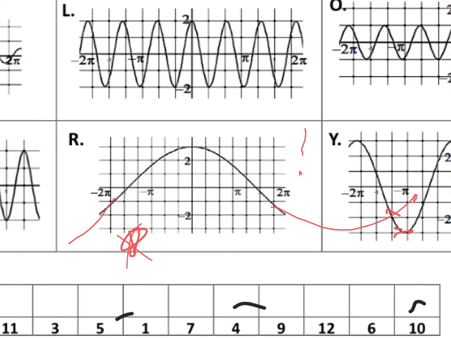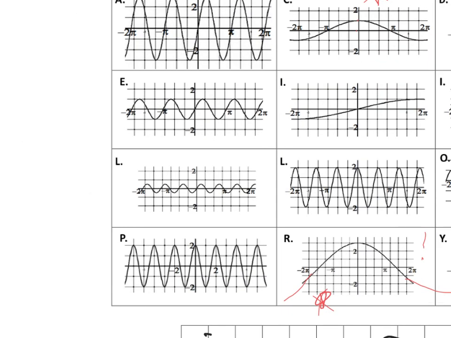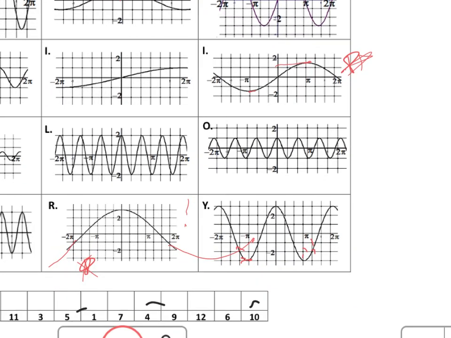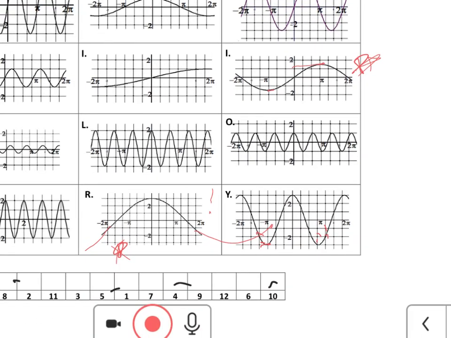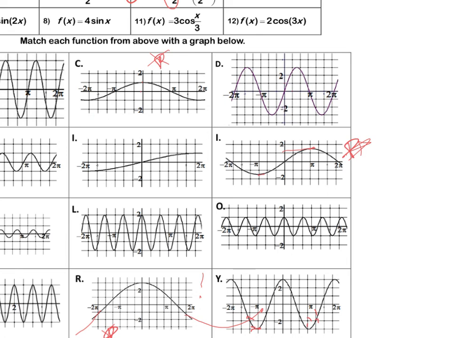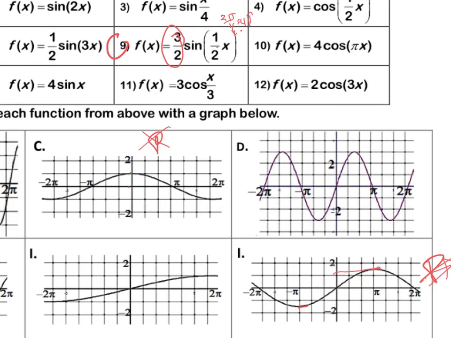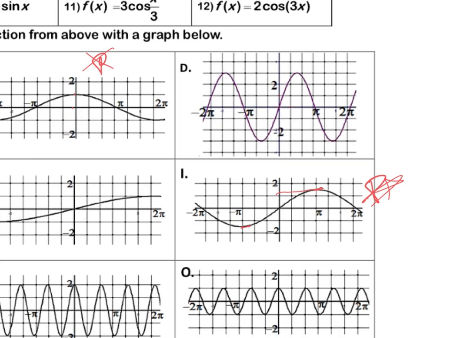Do I have another one? Okay, I've eliminated all those possibilities. Wait, I have. I only have one possibility. It better be this answer. Let's see. Sine curve. That means it has to start at 0, 0, has to go up, and it has to go there. That would take 4 pi if I go all this way.